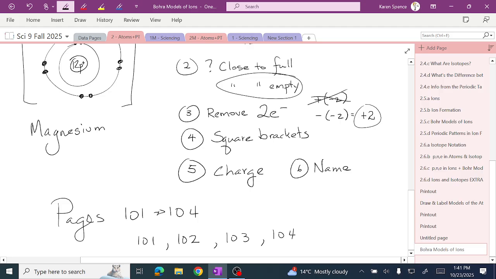You have a 3-day weekend, though, to complete this. There are 12 ions to draw. So if you say, I've got 4 days to do this, that's 3 per day. 3 ions per day. Because you've got today, Friday, Saturday, Sunday.